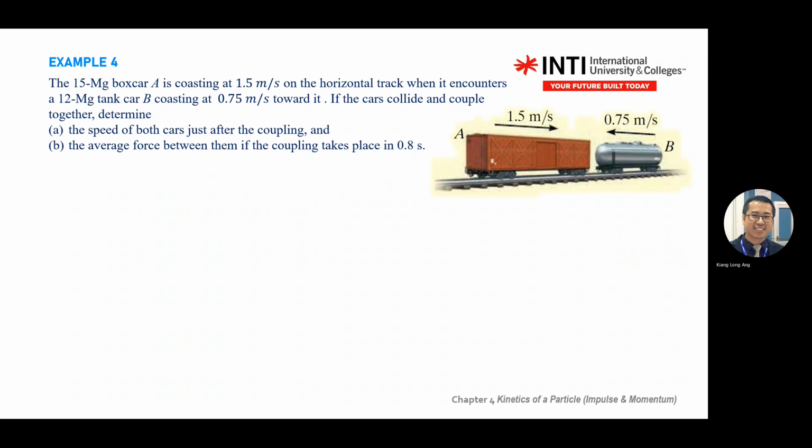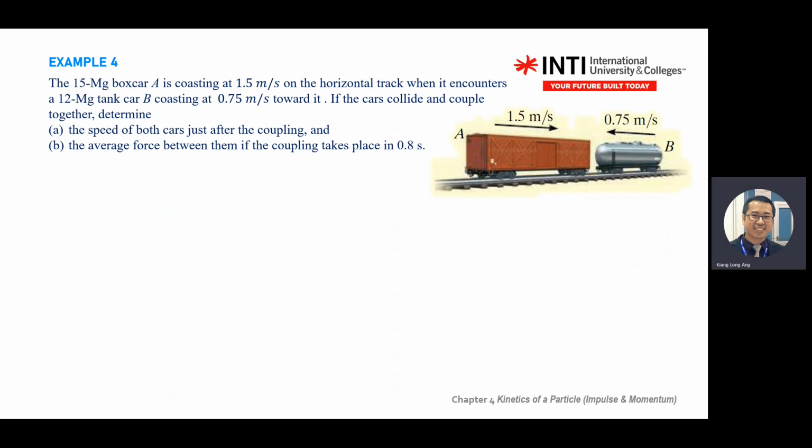mv. mv depends on how many objects you have. So you have object 1, v1, object 2, v2, before. Then on the second side here, also mv.